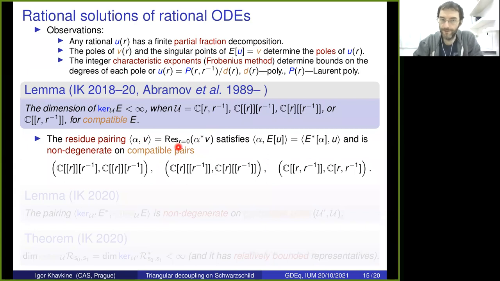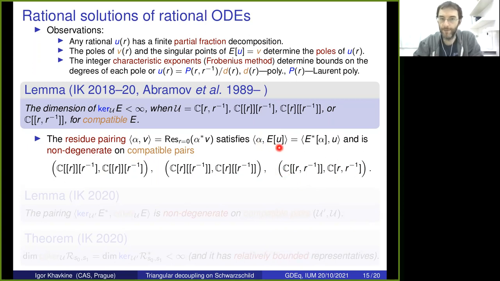This residue pairing is quite nice. It's defined on what I call compatible pairs of particular Laurent series types that you can see here. In particular, the unbounded Laurent series forms a compatible pair with bounded Laurent polynomials.